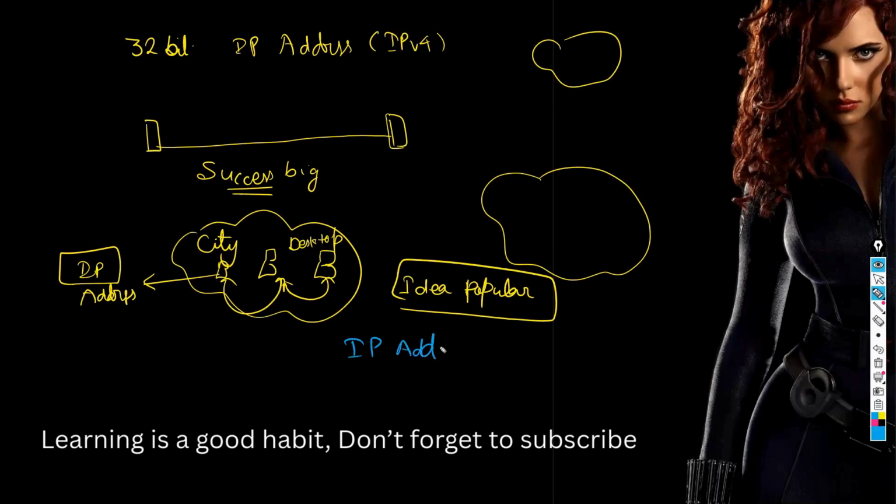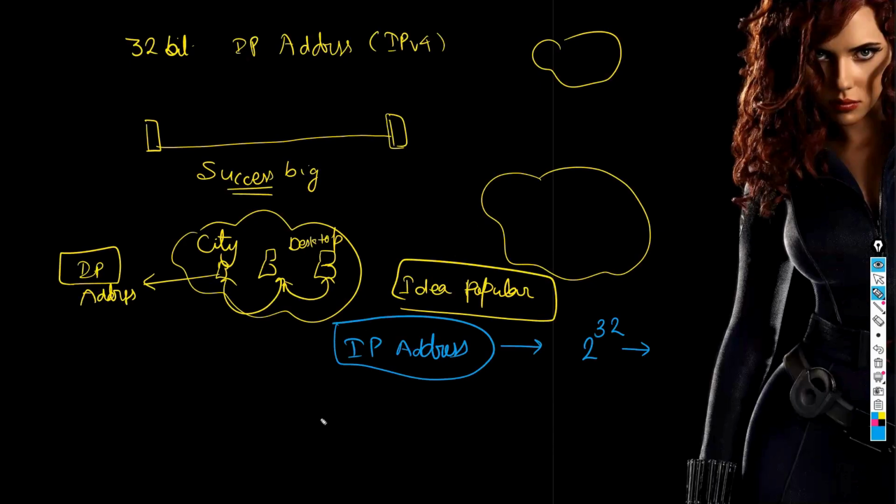We had IP addresses of the count of 2^32. So we calculated the population of Earth against how many IP addresses we can generate with 32-bit addresses. What is the population of Earth? Any idea?